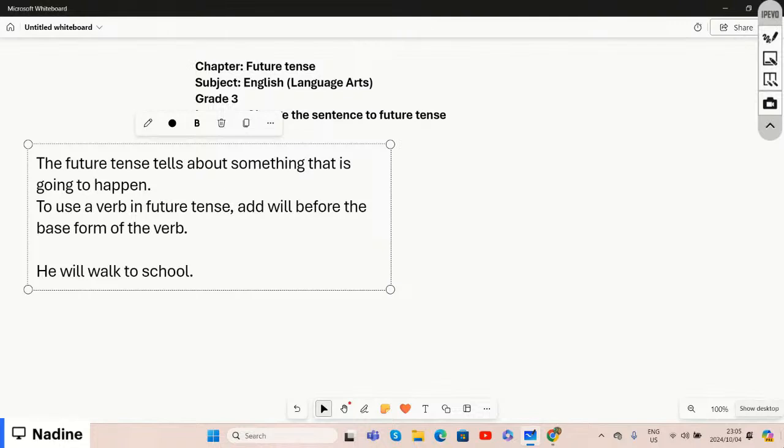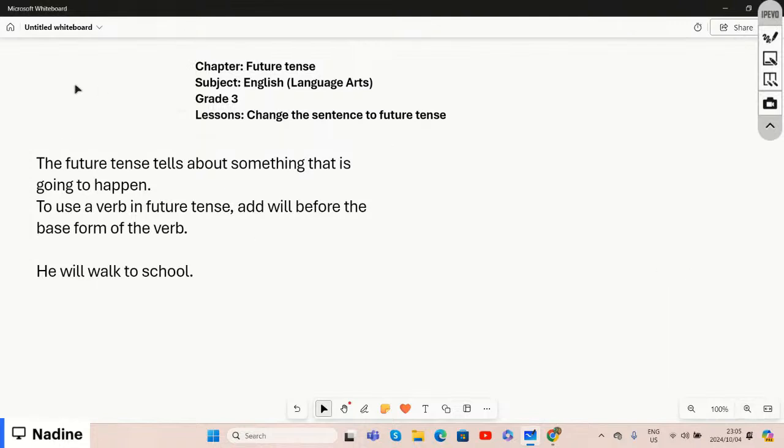All right. So, firstly, when we talk about tenses, we talk about it being in the present tense, the past tense, or the future tense. Most times we've been making mention of past tense, regular past tense, irregular past tense, or even present tense. But now we're going to be making mention of future tense.